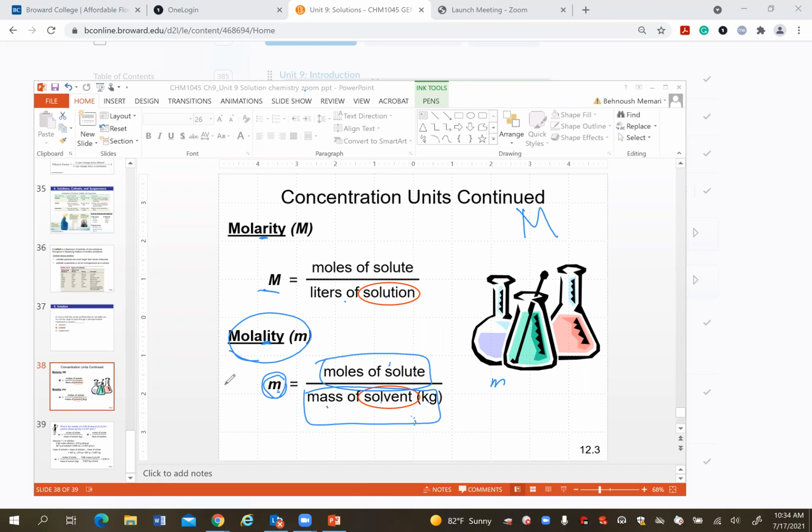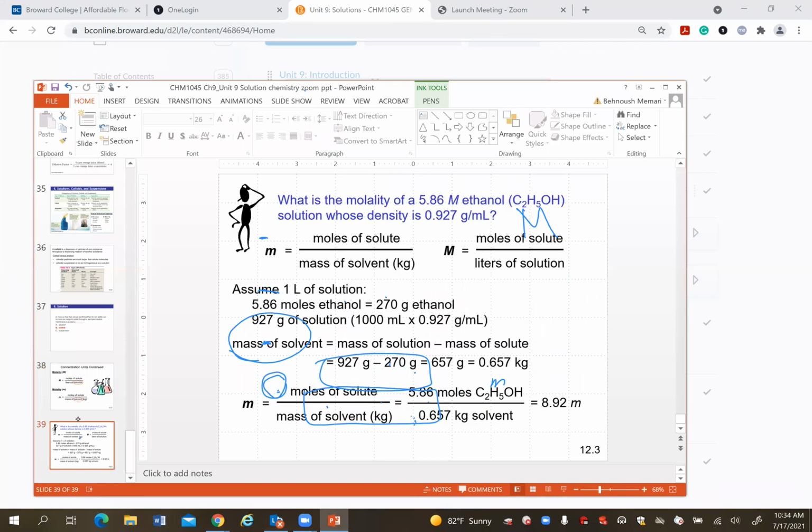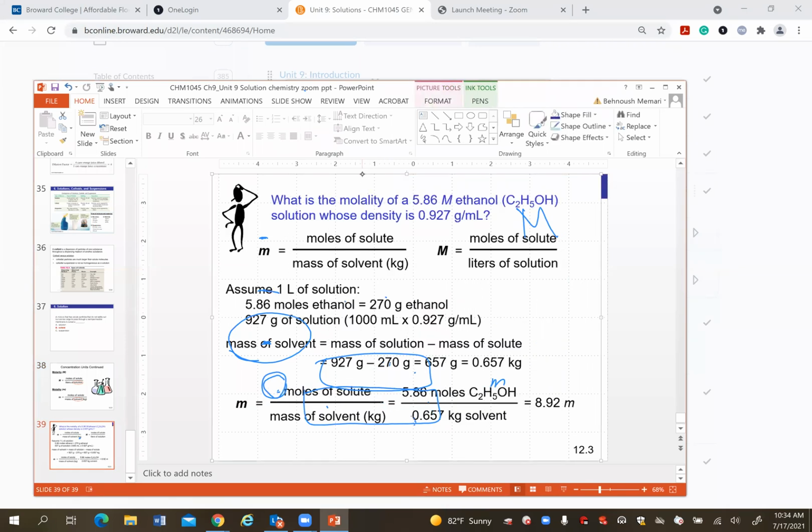So with the next example, molality and molarity are very similar, so you have to be careful when you're reading this. Molality is lowercase m, and you're trying to find lowercase m. If you're trying to find the lowercase m, what information do we need?